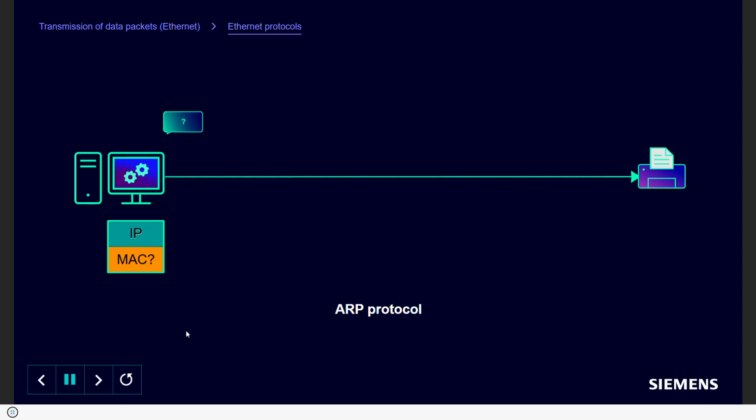One of the most important protocols of the TCP/IP protocol family, without whose contribution data transmission wouldn't be possible, is the ARP protocol, the Address Resolution Protocol. The purpose of the protocol is to resolve an IP address to get the MAC address we absolutely need for data exchange with Ethernet.